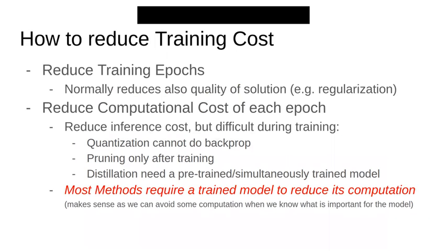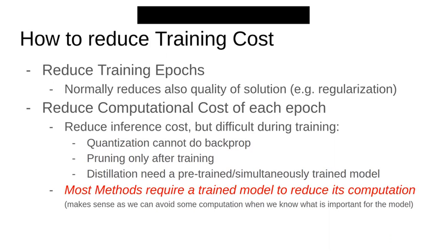So how to reduce computational cost during training? One way would be to reduce the number of epochs in training, but normally it's not very effective because you end up with a model that also loses performance.